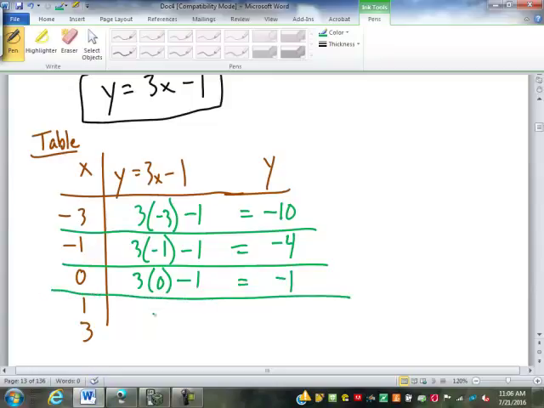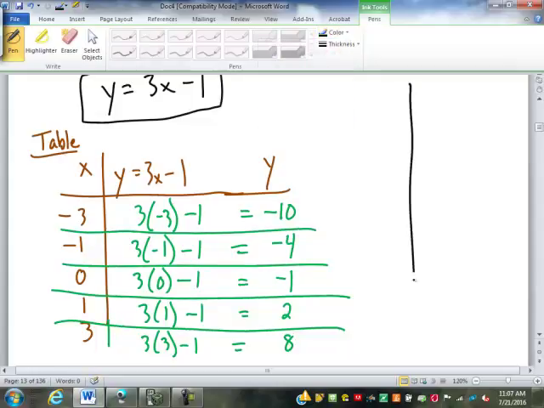If x is 1, y is 3 times 1 minus 1. What's 3 times 1? 3 minus 1 is 2. And if x is 3, y is 3 times 3 minus 1. What's 3 times 3? 9. Minus 1 is 8.